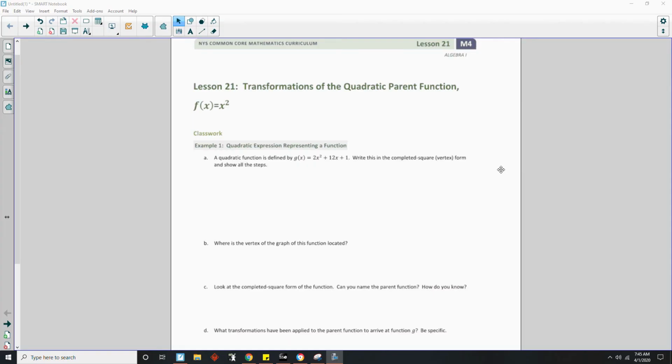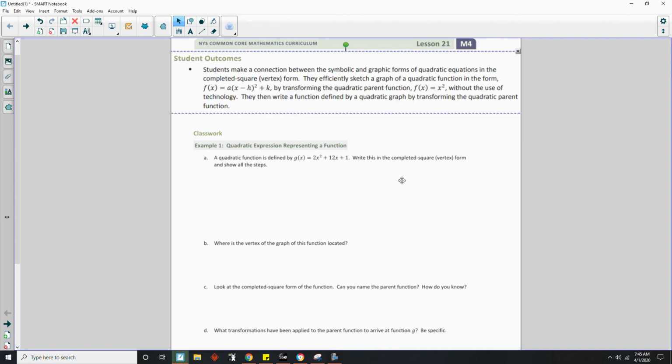Okay, welcome to Lesson 21, Transformations of the Quadratic Parent Function f of x equals x squared. In this lesson, the student outcomes are: students make a connection between the symbolic and graphic forms of quadratic equations in the completed square vertex form.